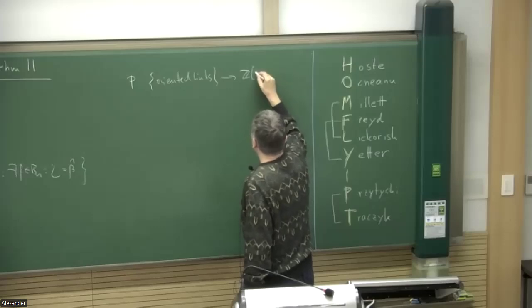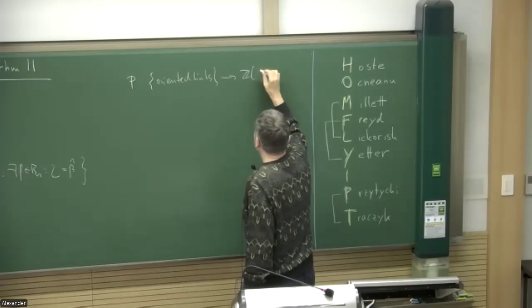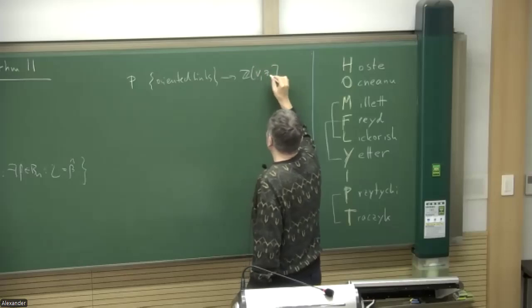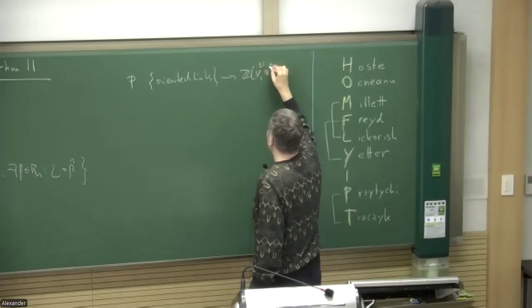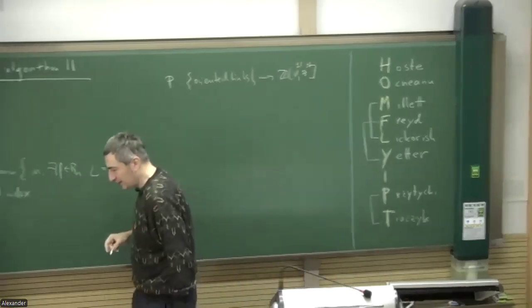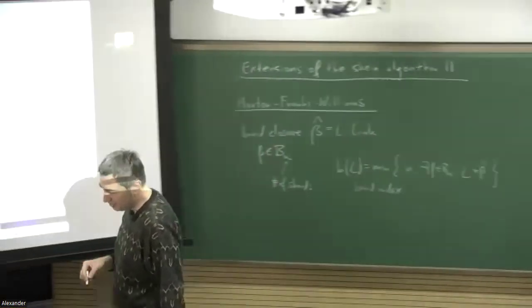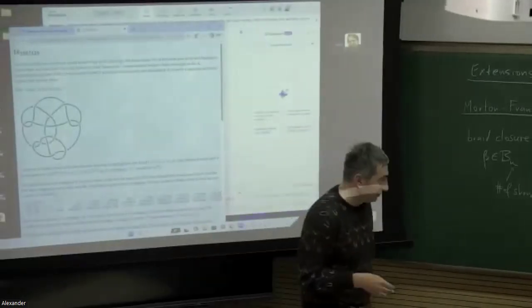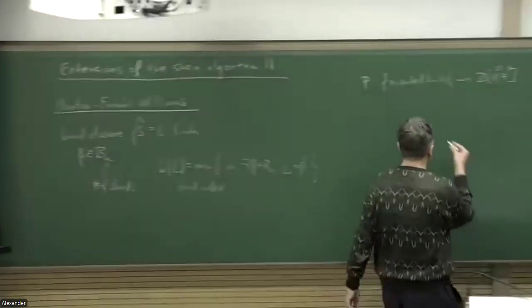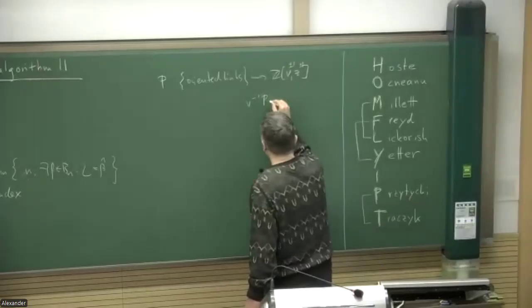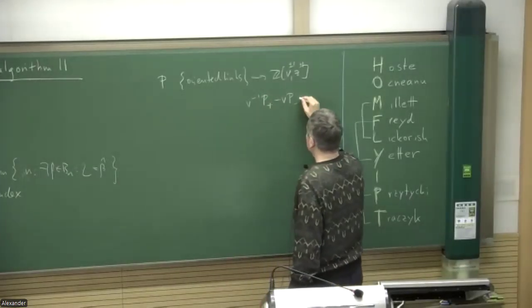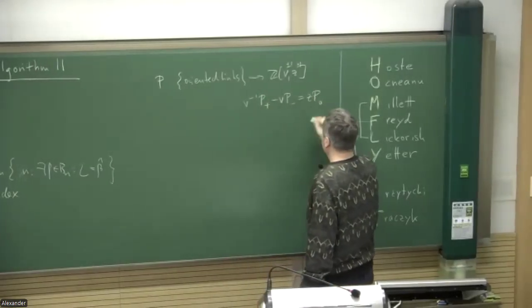So let's say for the time being, there are two main conventions. The one is with v and z, and the other is with l and m. I use the one that I used two lectures ago, with v and z. So the skein relation should be v^{-1}P_+ - vP_- = zP_0.